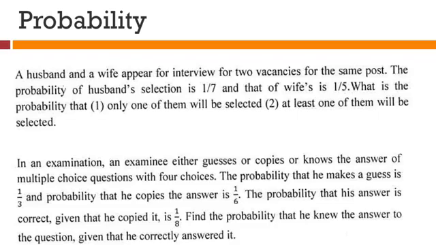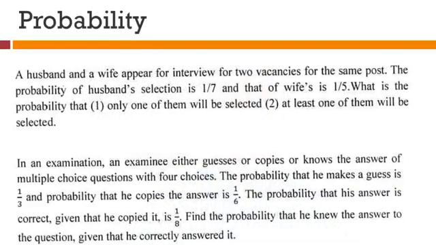If you know the answer, it means you're definitely going to give it right. If you guess, there's again a probability, as guessing each option is equally probable. If there are 4 options and I'm guessing, the probability I'll get it correct is 1/4. And if I'm copying, it depends on the person from whom I'm copying, so that probability is given.